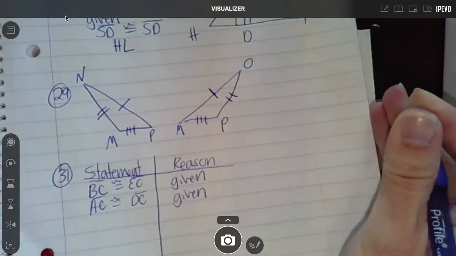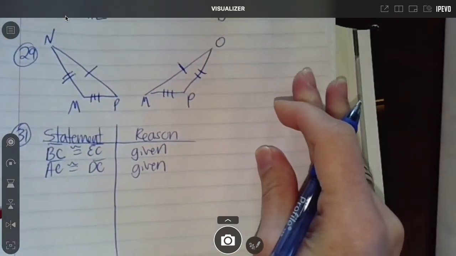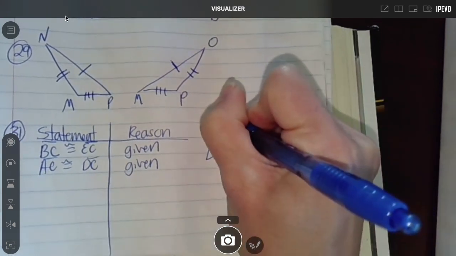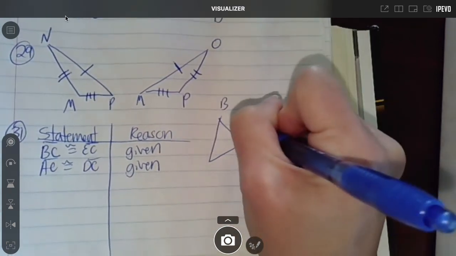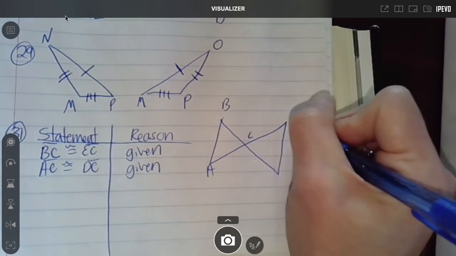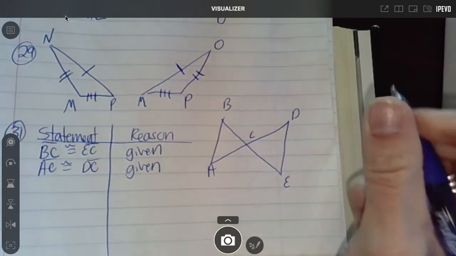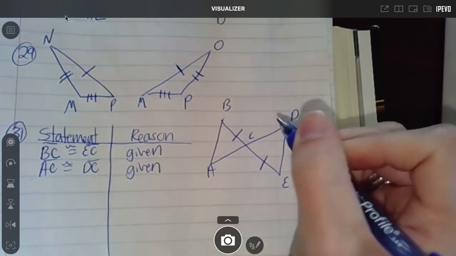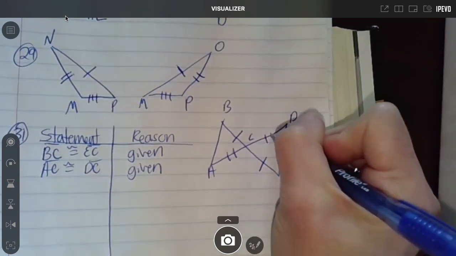And y'all, that's already a couple of our points. Does everybody understand that? Surely we get that part. And then you're going to mark that on your triangles. So I'm going to mark BC and EC, AC and DC.